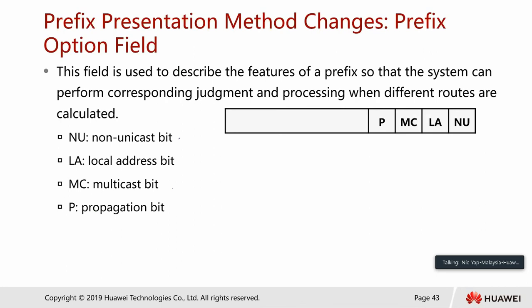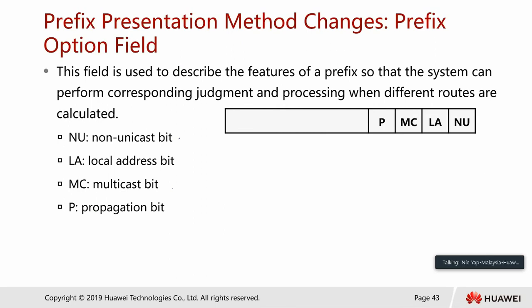The ABR will translate it to become the AS external. These are the 4 different bits for the router to indicate what type of information they are sending, either unicast or multicast information. That is how we can check the prefix option. There are 4 bits over here.